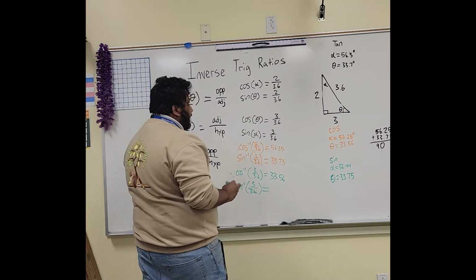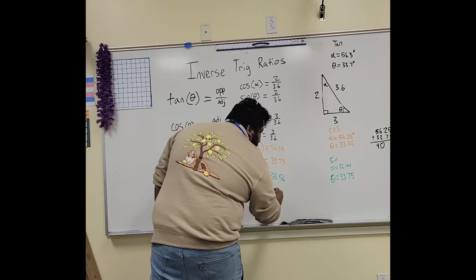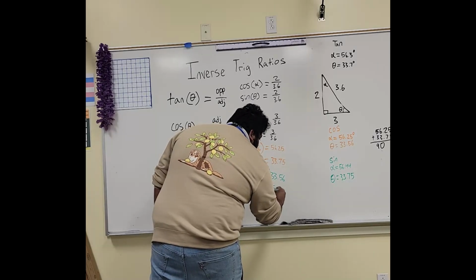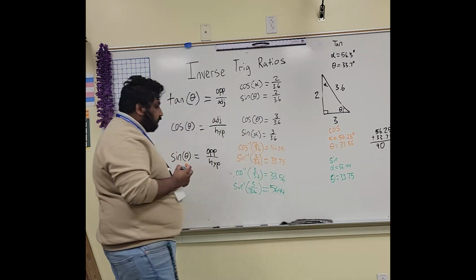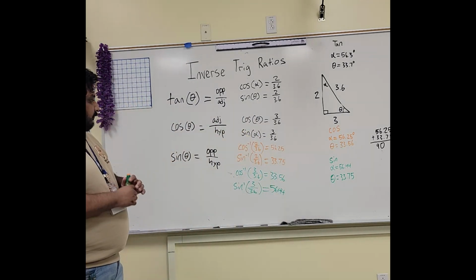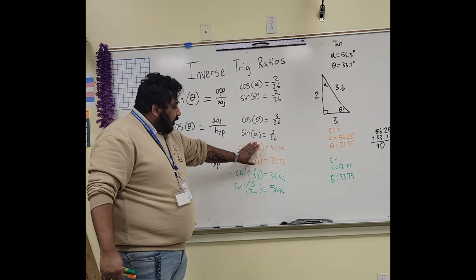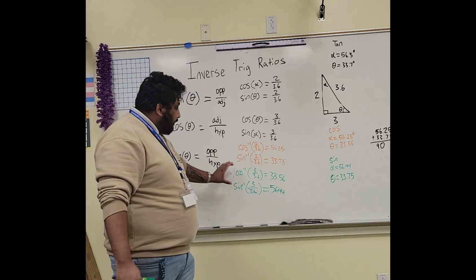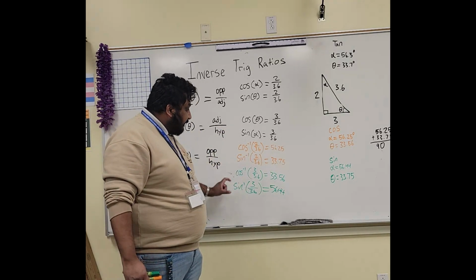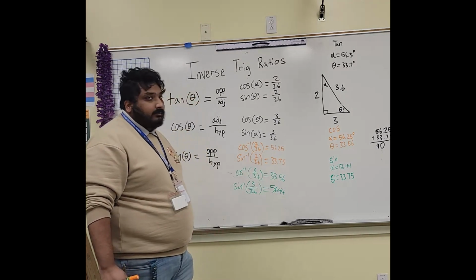Hopefully all of this has been really easy to see. Right? We're doing the inverse of the same ratio, just different inverses of the same ratio, and they're giving us complementary angles.